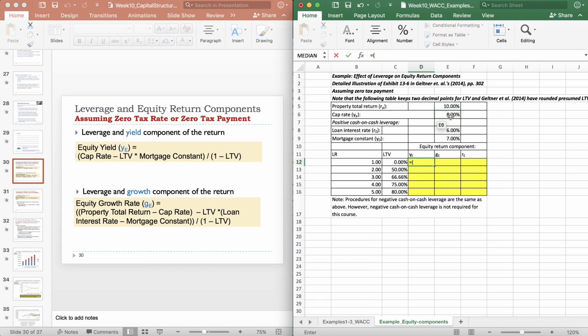So we find the cap rate 8% minus loan to value ratio. Loan to value ratio is over here. Then times mortgage constant, 7% assumed. Then parenthesis, then divided by 1 minus loan to value ratio.